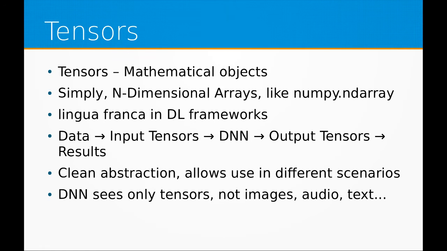It sees, okay, a 5D matrix of size 5 cross 5 cross 5 and so on with these numbers. It doesn't see, okay, I'm getting an audio, I'm getting a video. So this kind of abstraction helps you use the same architecture for different use cases and different data sets. That helps in portability in a way.